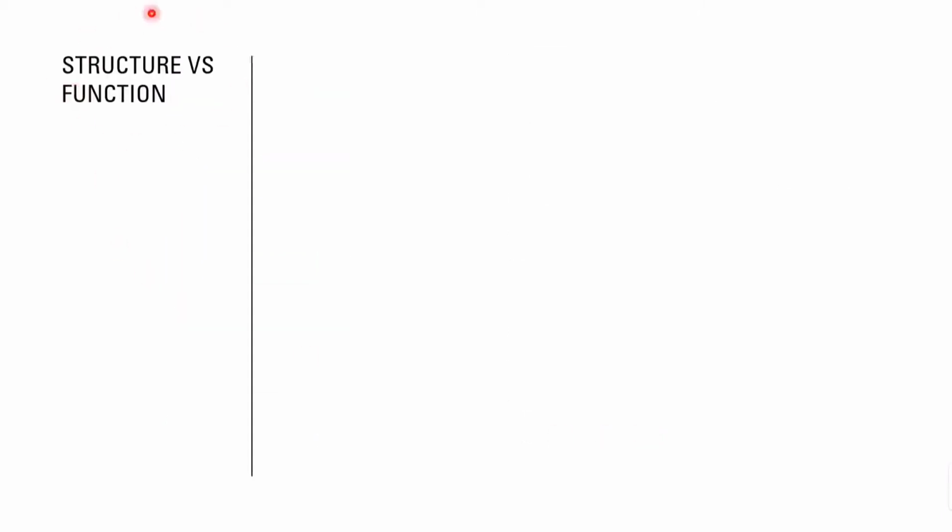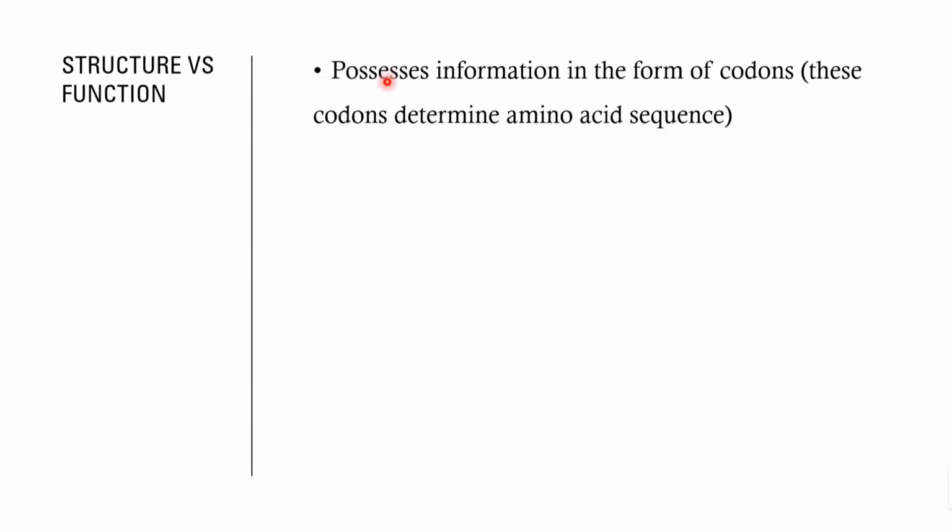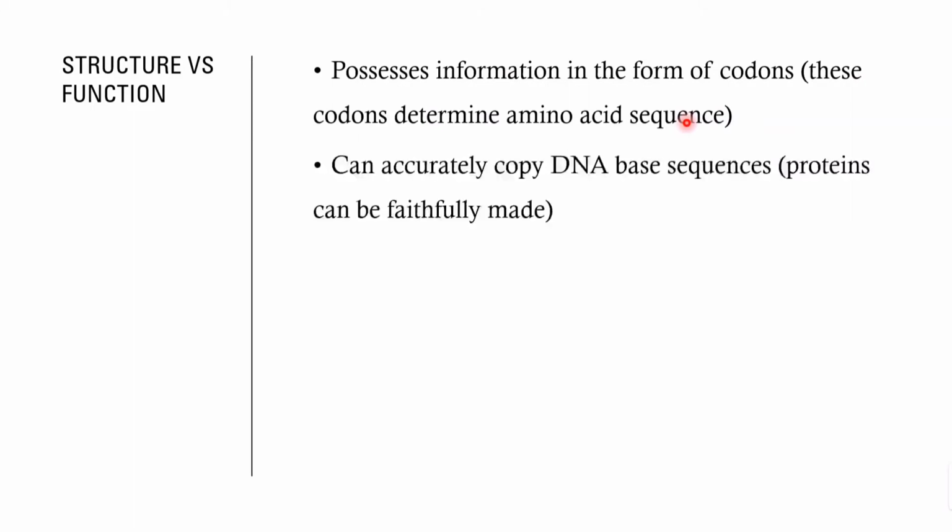So structure versus function of mRNA. mRNA possesses information in the form of codons, so this is our 3 bases. This helps our function because these codons determine amino acid sequence. This is why mRNA is used in protein synthesis, because these codons determine the amino acid sequence so our protein can be made at the ribosome.